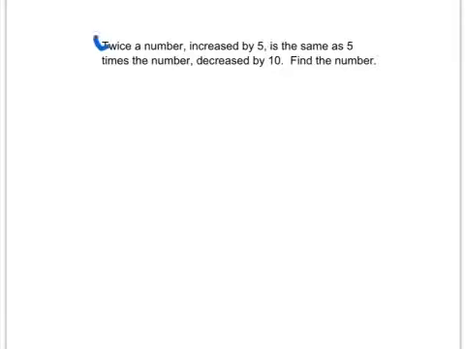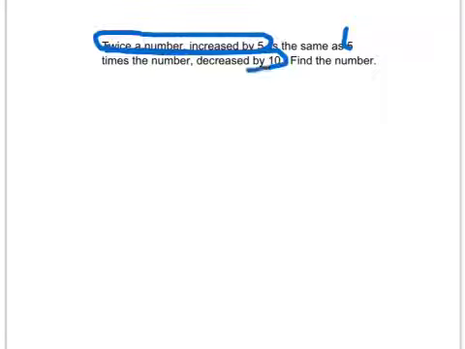So, what do we know? We've got twice a number increased by 5, and that's the same as 5 times the number decreased by 10. And we want to find the number. Well, when we want to find something, we give it a variable.